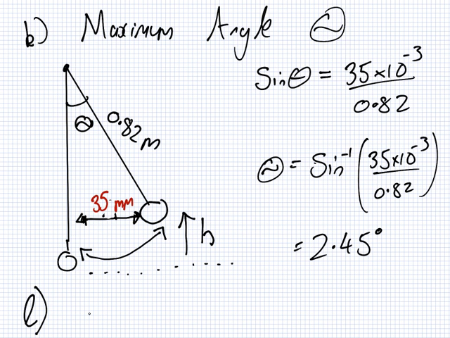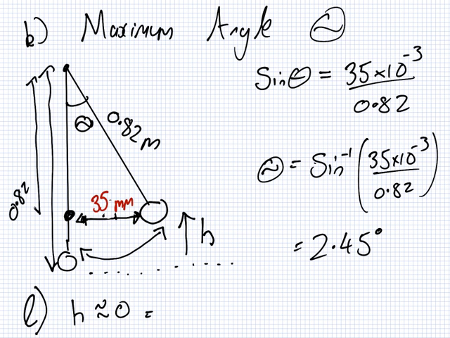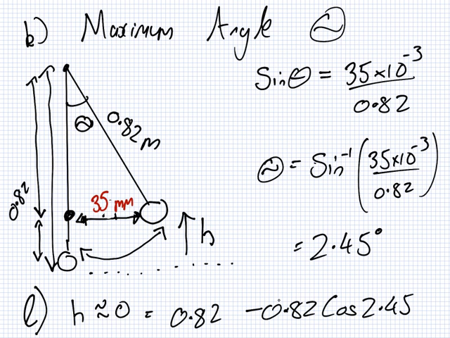Now, what we're saying is that the height is roughly 0 because we're considering it moving on a straight line. But if for a moment we didn't, we could actually work out the maximum height. Because if we look here, this is 0.82 from the top to the bottom, and this is 0.82 cos theta. So this distance here is 0.82 minus 0.82 cos 2.45.